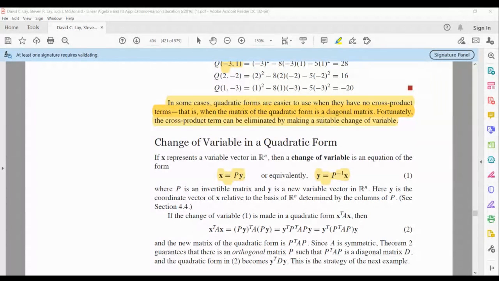And then the vector y is the coordinate vector of x relative to the basis of Rn determined by the columns of P.